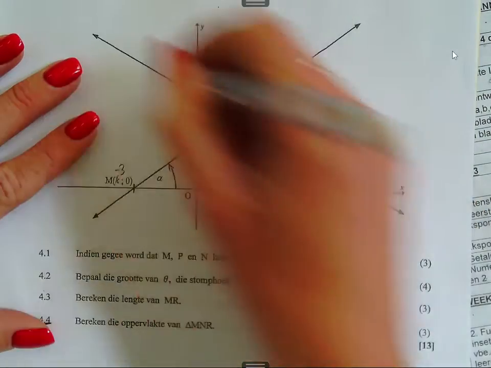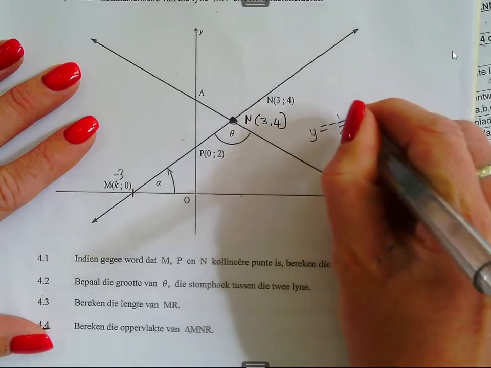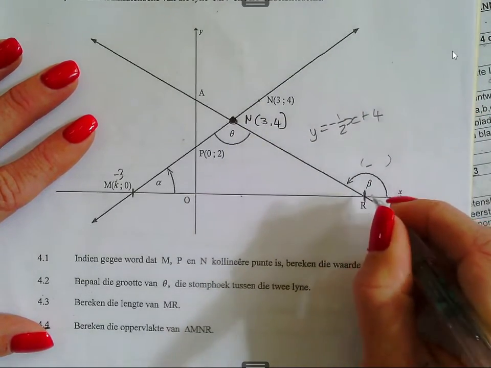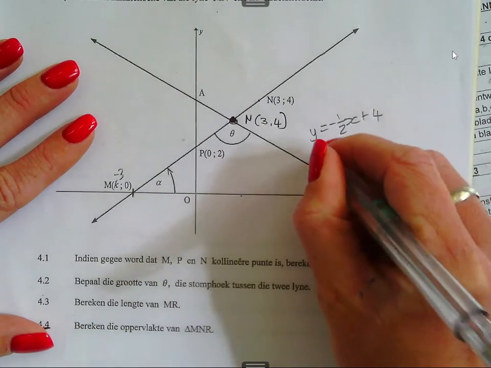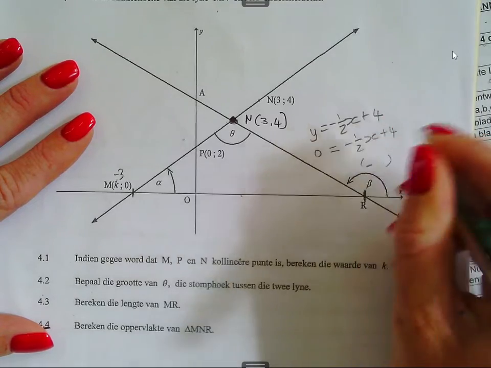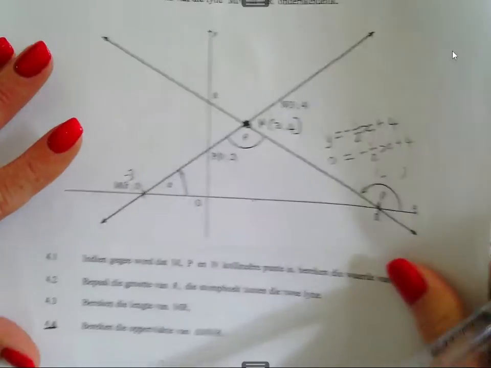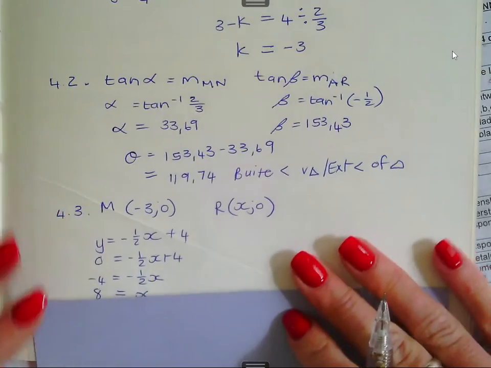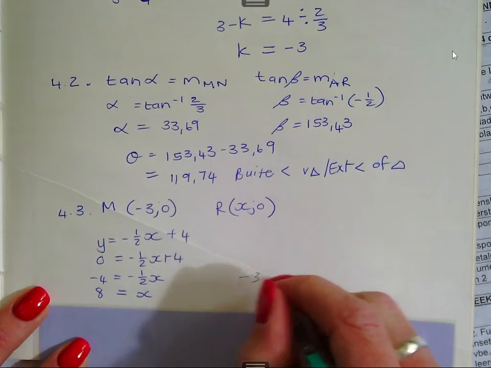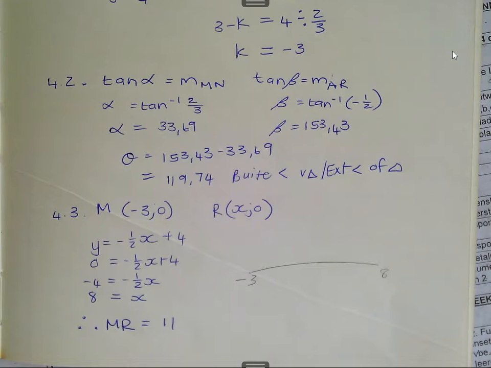But I've got the equation of this straight line. It's y equal to -1/2 x plus 4. Now at this point, because it's a point of intersection, I know that y is going to be 0. Do you understand what I'm doing here? Then the 4 is going to go over, it's -4, and then I'm going to divide by -1/2. And then I get x to be 8. So it's going to be from -3 up to 8, and therefore MR is 11.